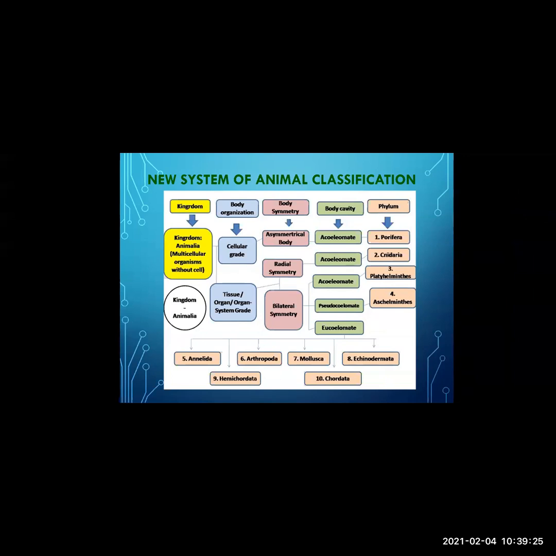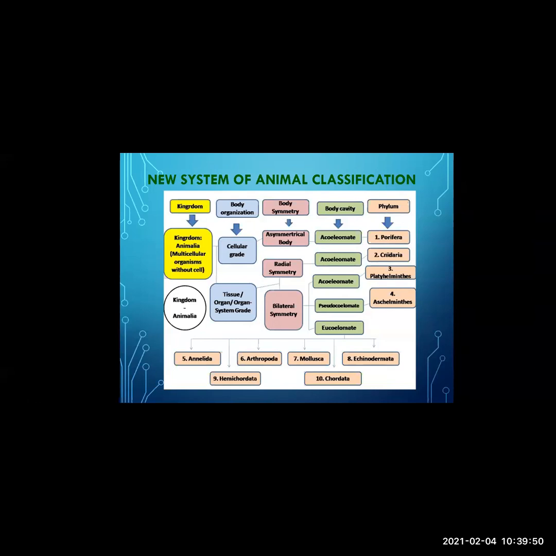With respect to that, we had covered some phyla and studied their characteristics. Till now, we have finished Porifera, Cnidaria, Platyhelminthes, Aschelminthes, and Annelida.